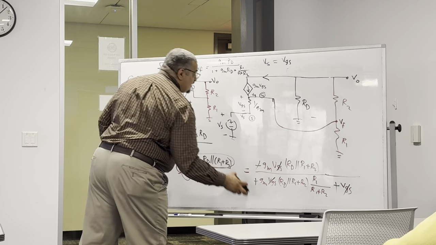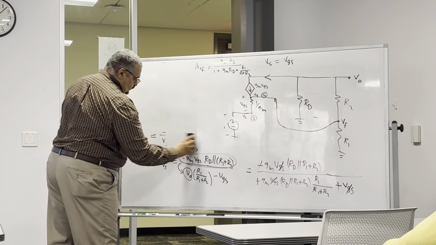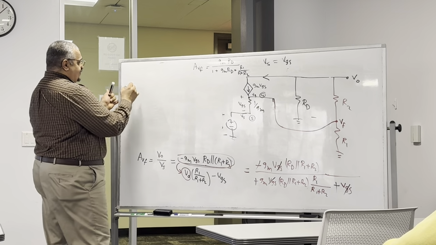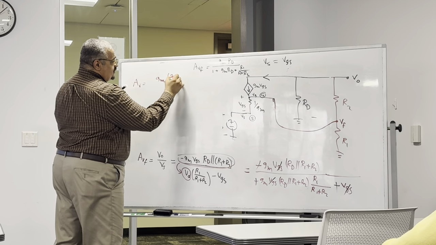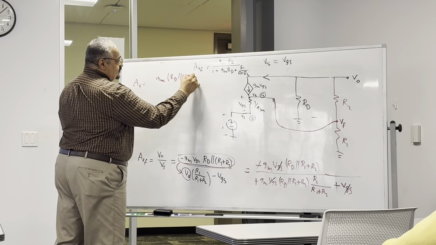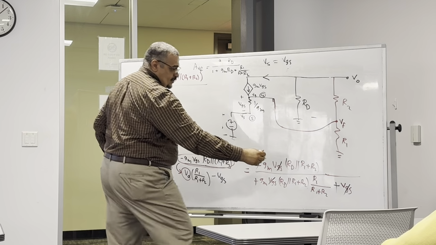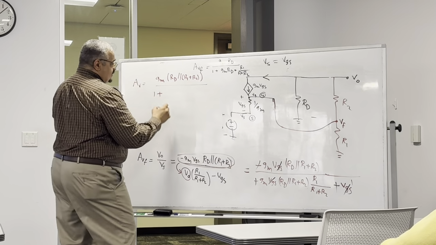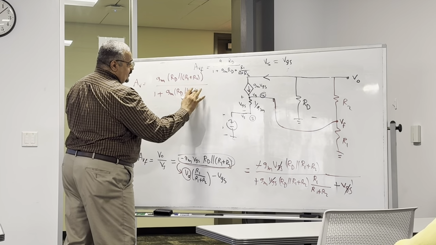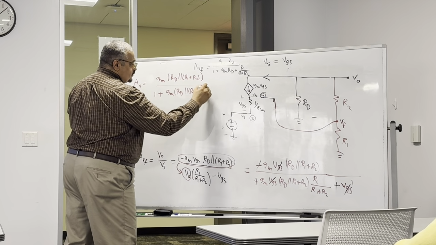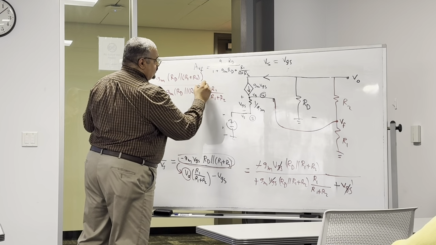And now the gain is GM over 1 plus GM RD parallel with R1 plus R2, times R1 over R1 plus R2.